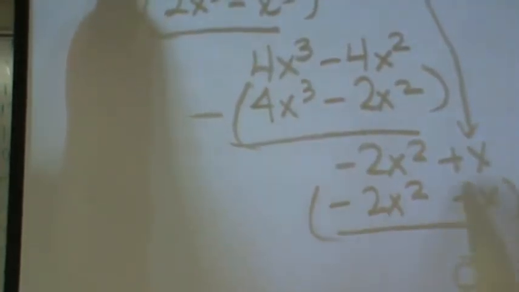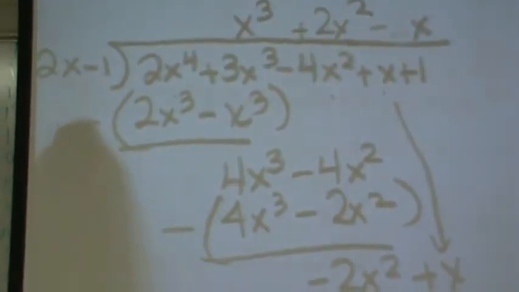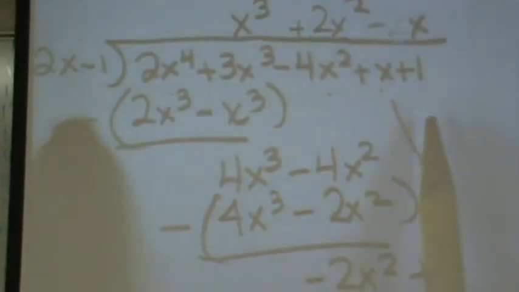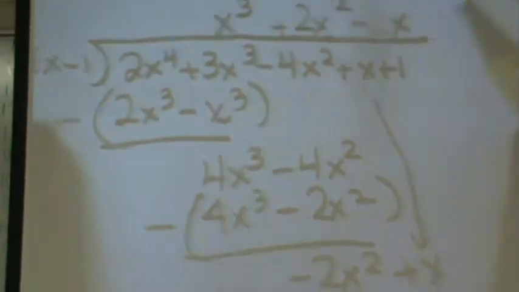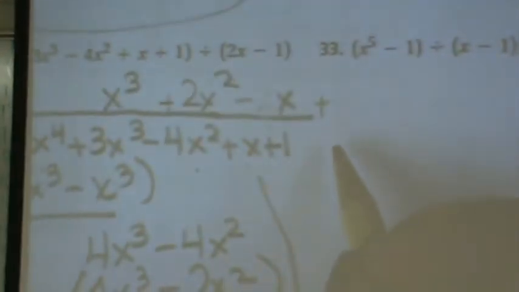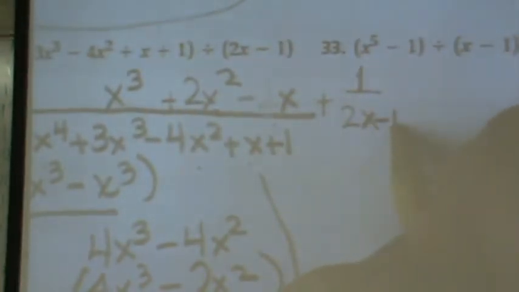Everything's going to cancel, and you're going to have a 1 left over down here. There's nothing we can do with this. So your answer is going to be x cubed plus 2x squared minus x with a remainder of 1. This is the 1 that was left here. 1 over 2x minus 1. Okay, that's a minus, and this is a plus.